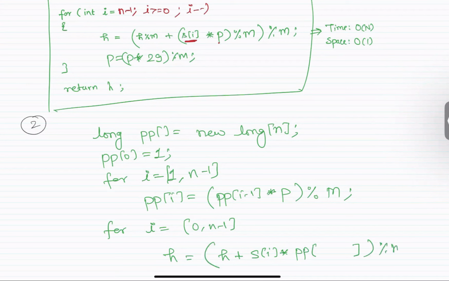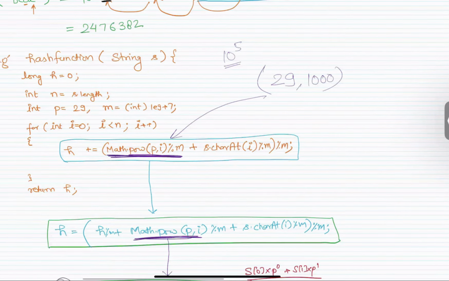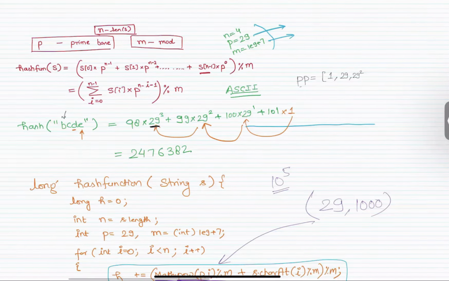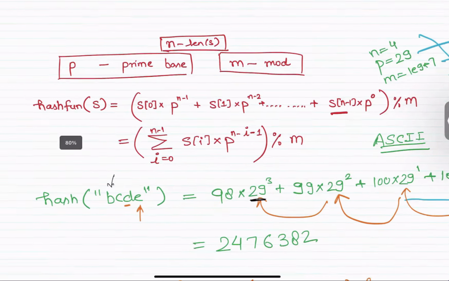Yeah, guys, pp of what? n minus i minus 1. This is the formula you came up with earlier also when we wrote the summation here. So we are just doing s[i] into pp[n minus i minus 1].